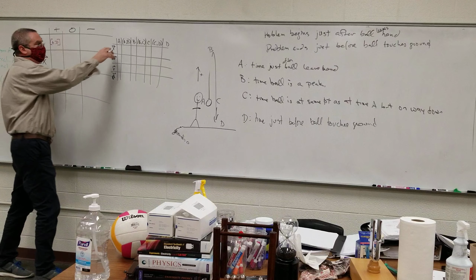So the other thing I'm looking for is if whatever you have up here, if I look at the slope of it, does that sort of match what you have down here? Well, here my velocity is 0, which means here my slope has to be 0 at time B. And what does a 0 slope look like?